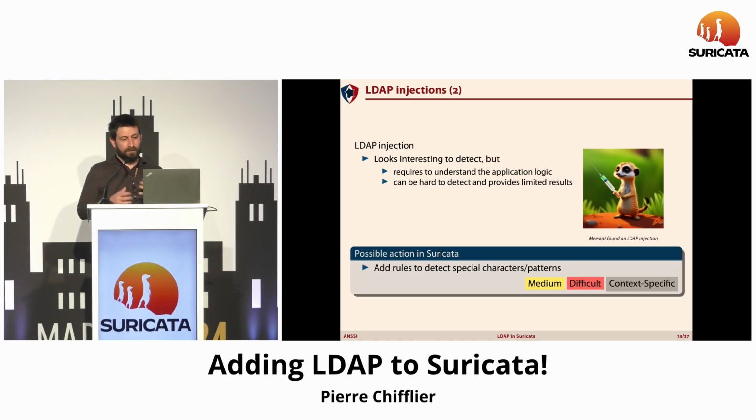So we don't want to log, for example, every search filter. It has no interest, but we may want to, for example, detect some specific keywords in the filter. Also, it's exactly like SQL injections. It's quite hard, in fact, to detect, even if the theory is that it would be possible.